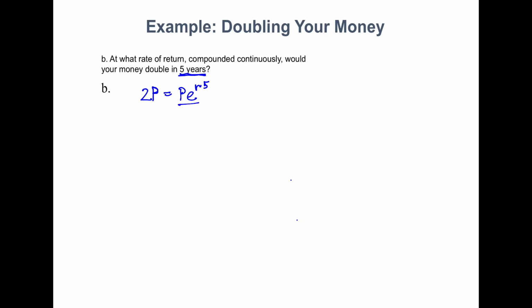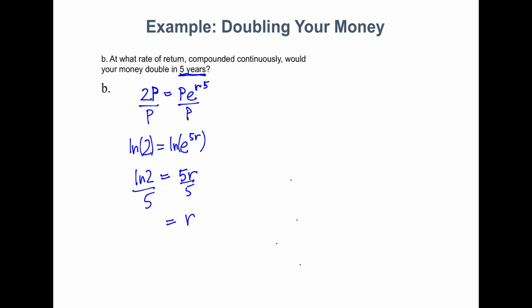All right, I can get rid of P just like I had before, dividing on both sides. That gives me 2 equals e to the 5r. And taking the ln of both sides, that's ln, so log base e of e. That just leaves me with the exponent there, 5r. ln of 2, divide both sides by 5.